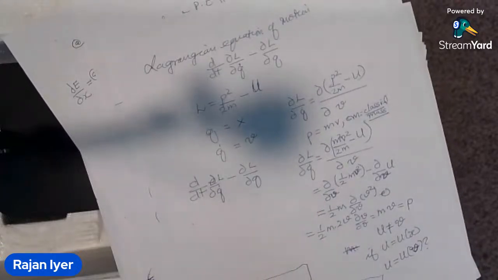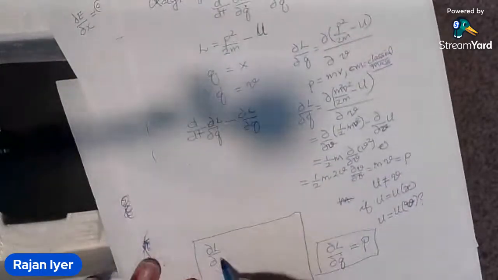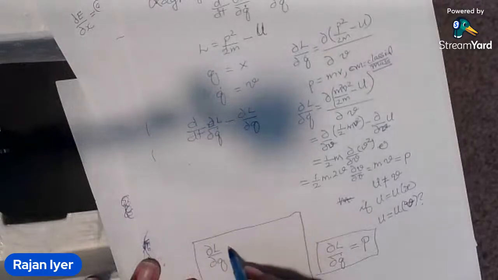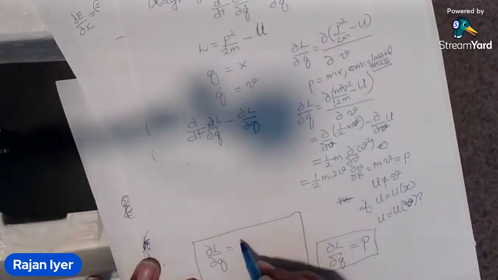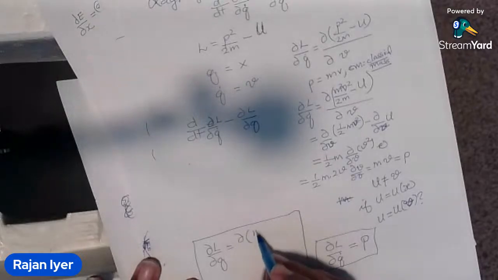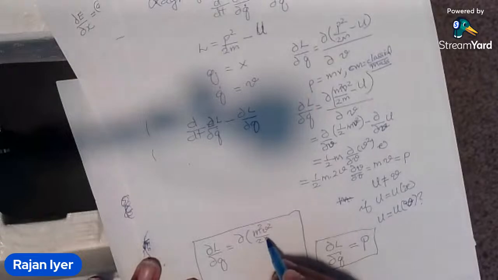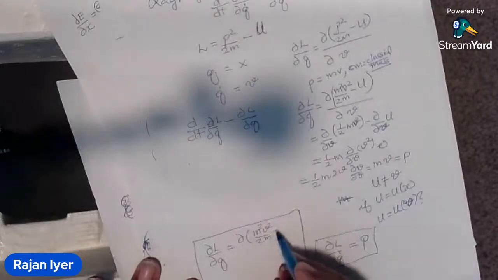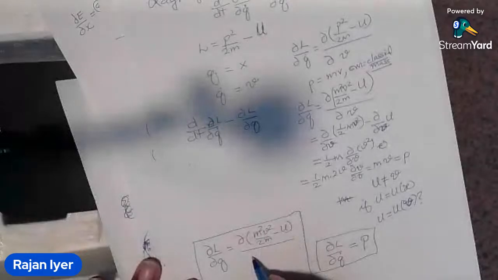I'm going back to the blackboard essentially. So del L over del q is nothing but again we do del of p squared over 2m minus u, and this is equal to q.